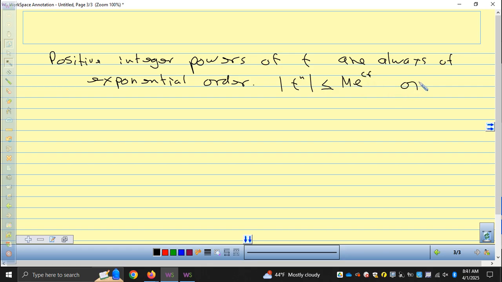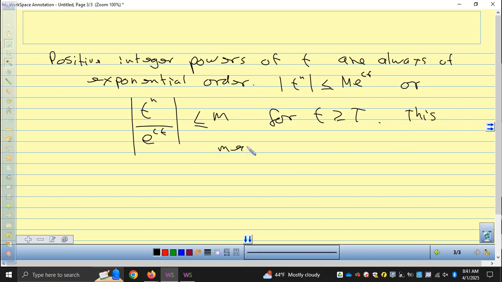Or I can write the absolute value of t to the n over e to the ct is less than or equal to M for t greater than or equal to T. This means the limit as t approaches infinity of t to the n over e to the ct is finite, for n equals 1, 2, 3, and so on.